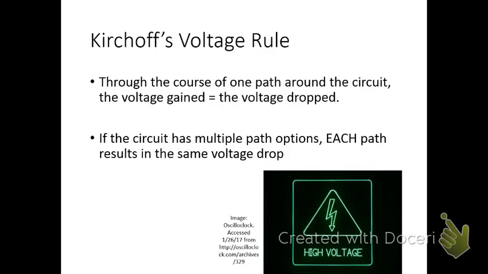Not necessarily true. You actually need to chart a path from the beginning of the battery to the end of the battery and understand that the total voltage gained is the total voltage dropped. And if you have multiple path options, each path drops the same voltage before coming back together.